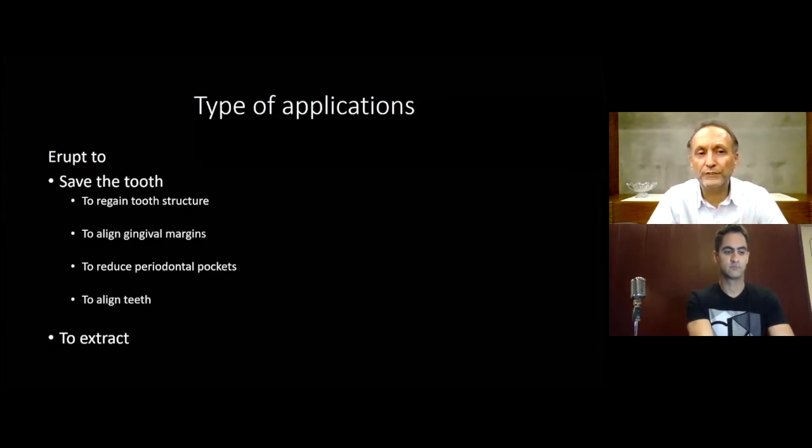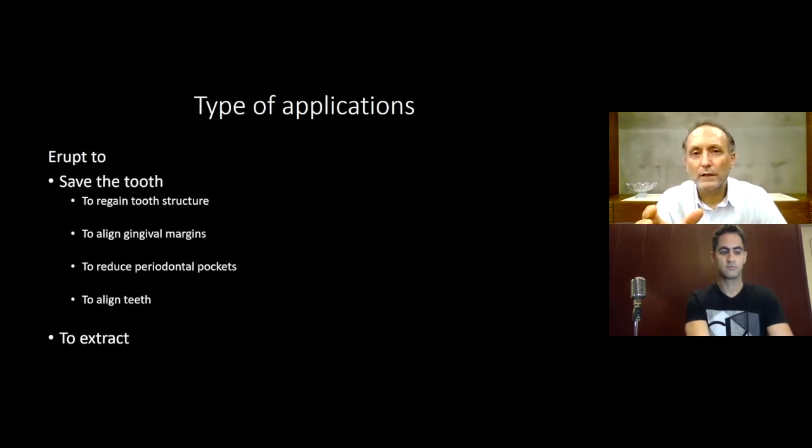We erupt to save the tooth in order to regain tooth structure, to align gingival margins, to reduce the periodontal pockets, and also we can align this by erupting the roots. We erupt to extract, and the best bioengineering technique is the orthodontic technique.